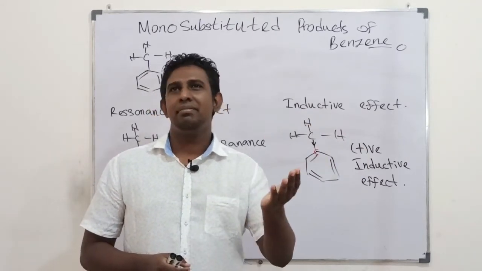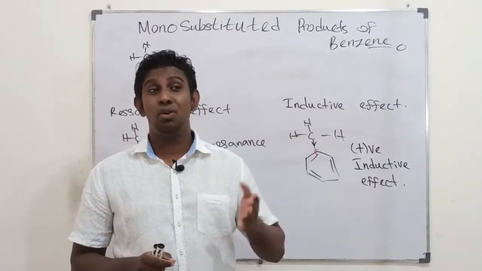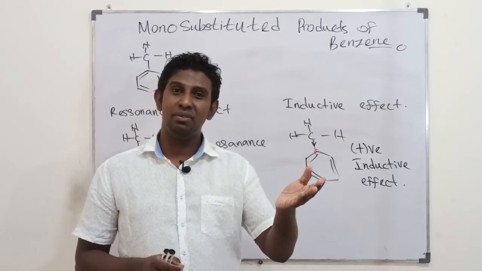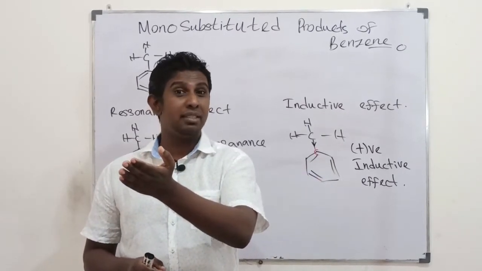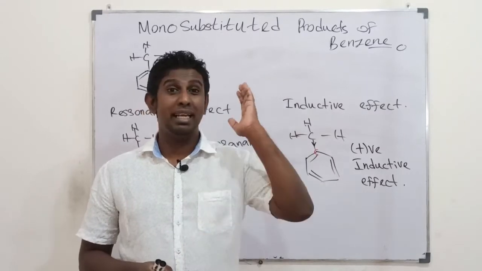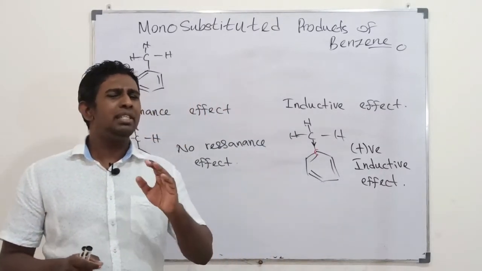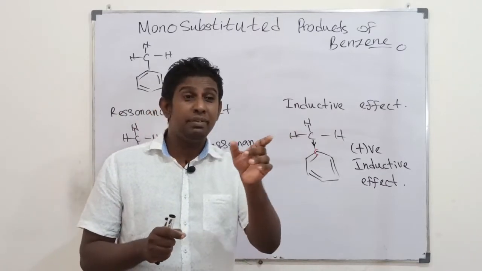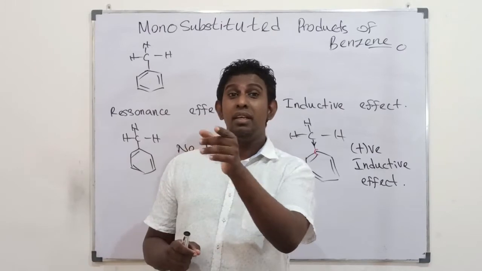Then earlier we talked about directing ability. We found ortho-para directing groups, and we found meta-directing groups. Benzaldehyde was meta-directing, right? We did that by observing the resonance structures formed.